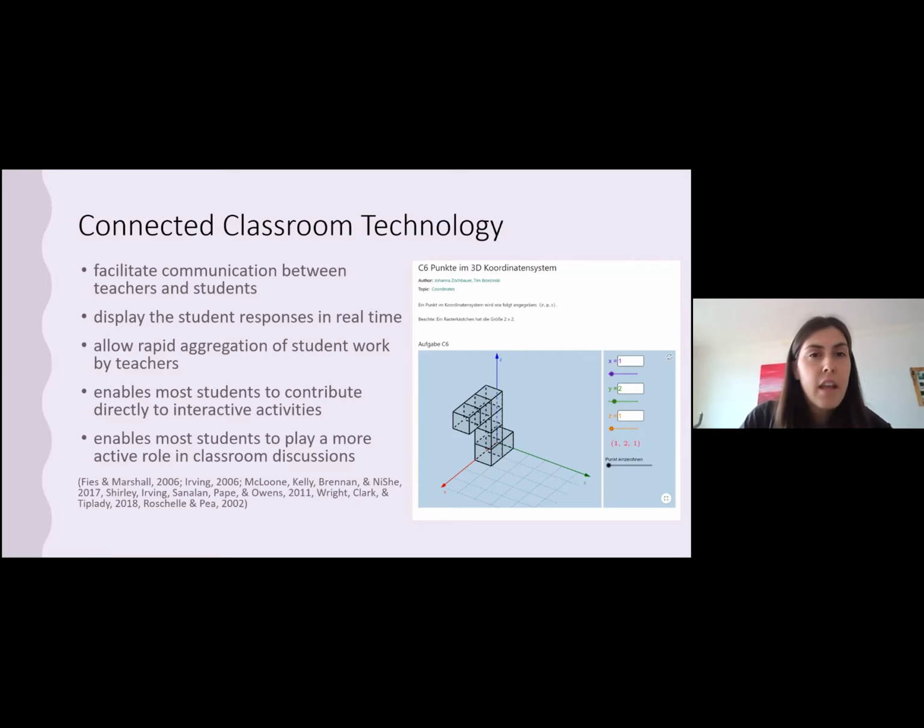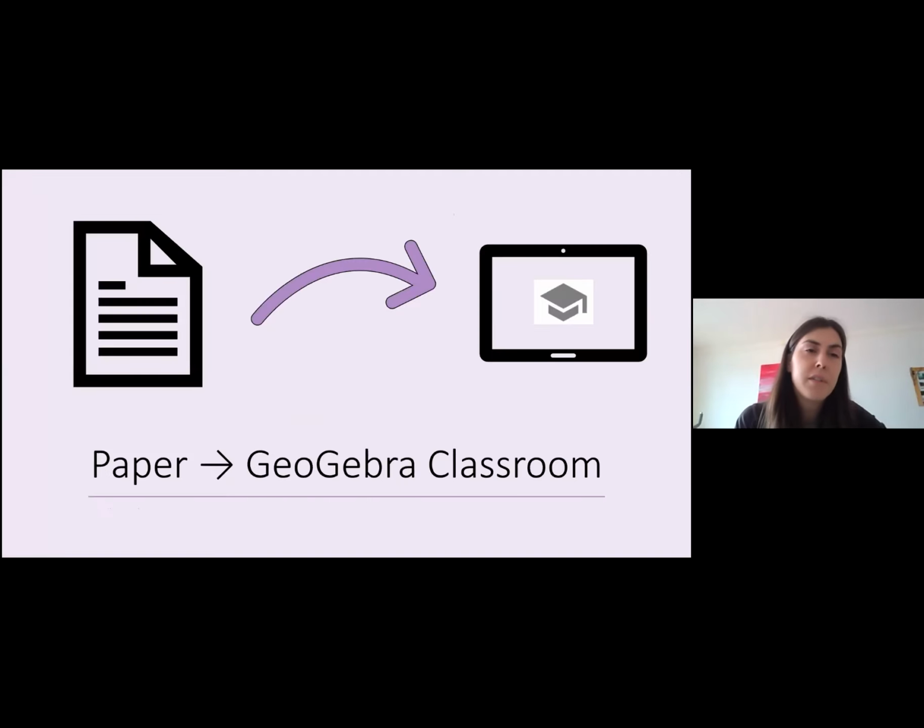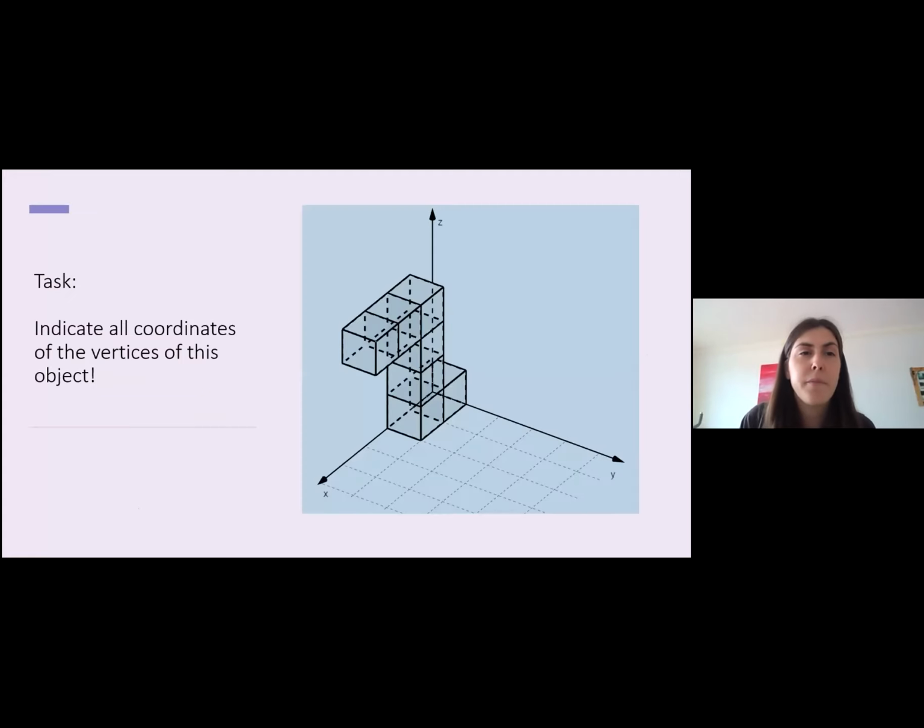discussions. So what I did now is not just to use a task that is on paper and put it into a GeoGebra Classroom, into an online worksheet, but to add a lot of additional activities. So, for example, the task could be: indicate all coordinates of the vertices of this object.